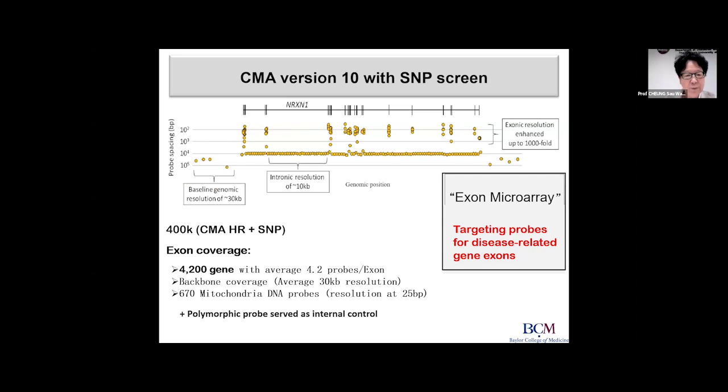Each exon will have 4.3 oligos on average, depending on the availability of the probe. Then for intronic resolution, we have 1 probe for every 10 kb, and between genes the baseline is 1 probe for every 30 kb. We also have the mitochondrial genome there, and about 2,000 genes with exon coverage.